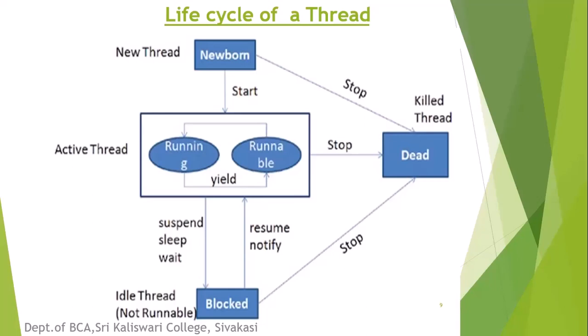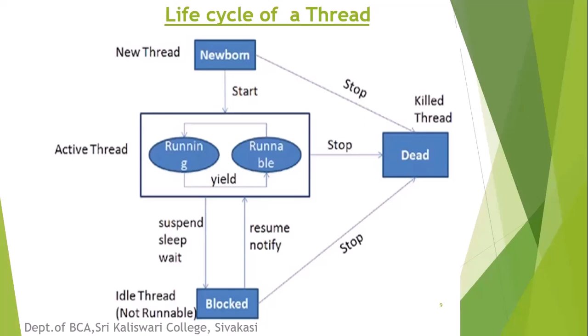The third one is running, which means the thread is being executed by the processor. The CPU picks the thread and it is executed. One important point here is the yield method.